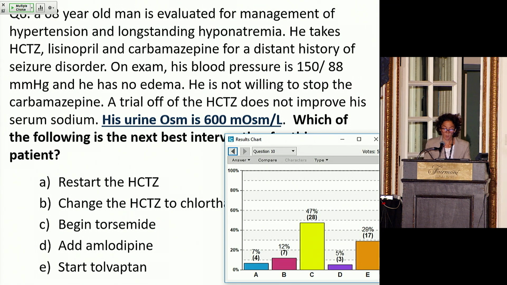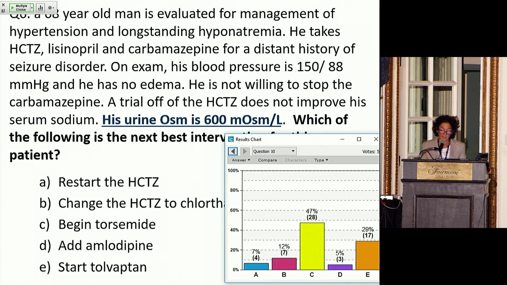Okay, so most of you would do what I would recommend, which is C, beginning torsemide. It is true that we want to address this patient's blood pressure, and it is nice to have a diuretic. But I think that with torsemide, you can kill two birds with one stone because it's a longer acting diuretic, although we've been told that loop diuretics are not good for hypertension.